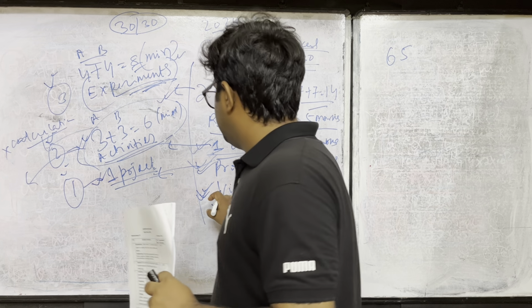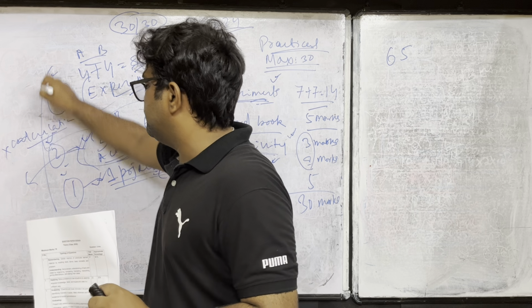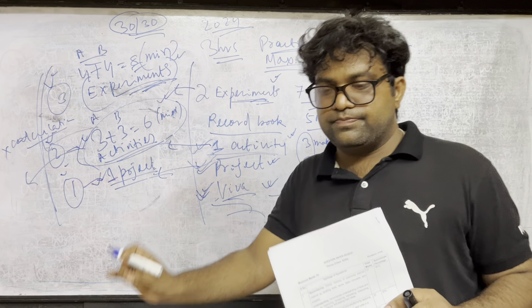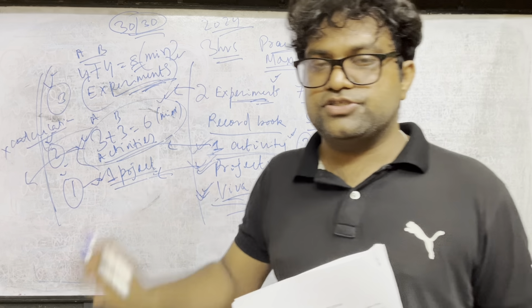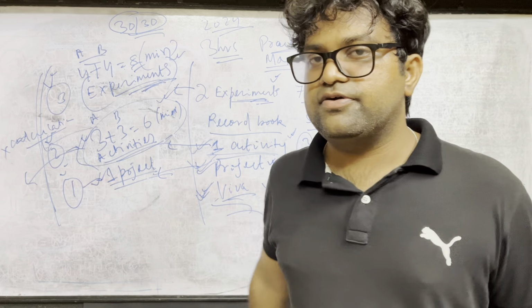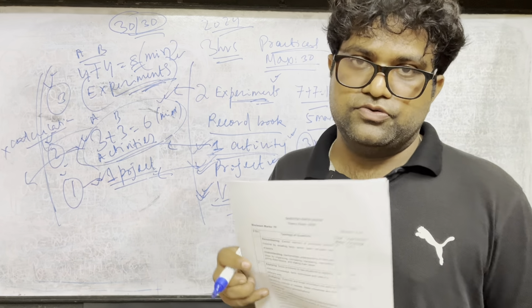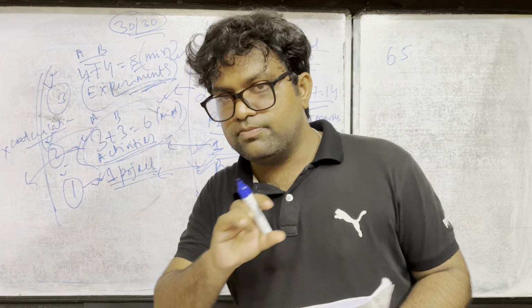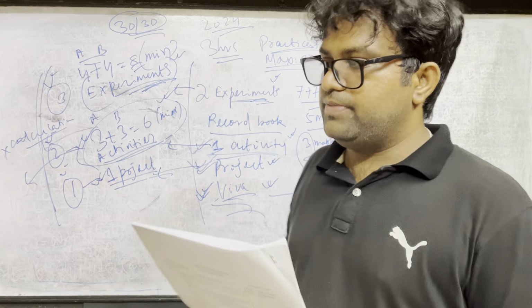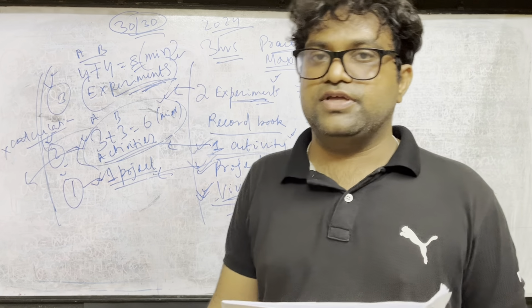So don't worry about that, just maintain these 3 record books properly and submit them. Do the experiments, at least know how to connect and all these things, at least a few of the experiments properly. I have already uploaded some experiment videos, and I am planning to upload some more to complete your whole syllabus, right? All the experiments and activities, I am planning to make videos for them.